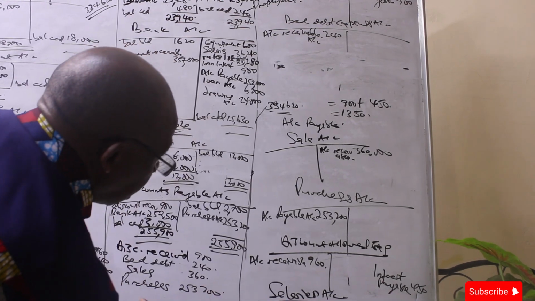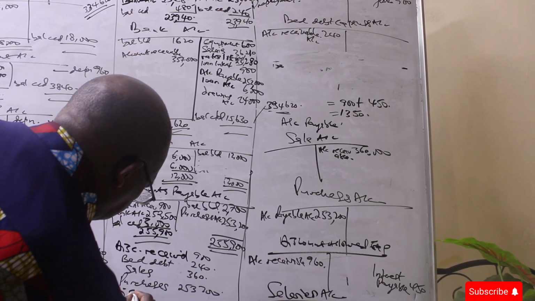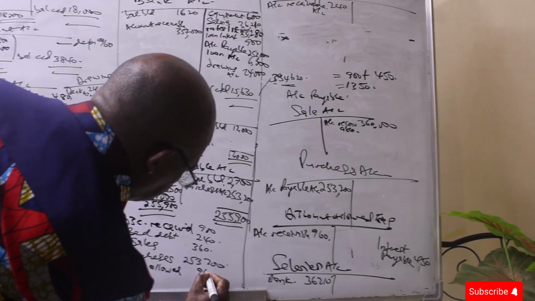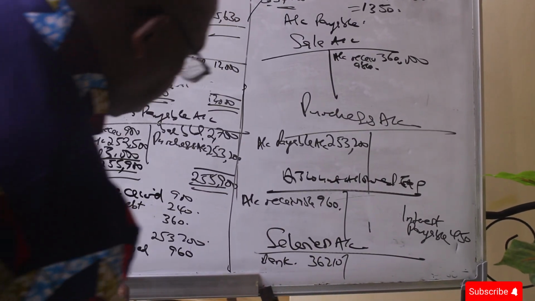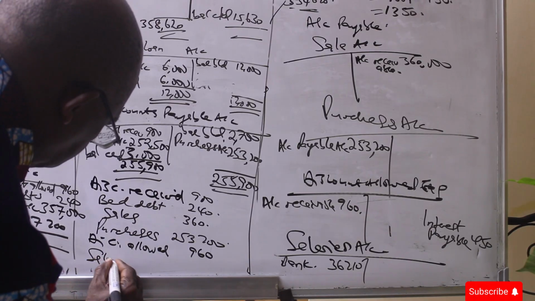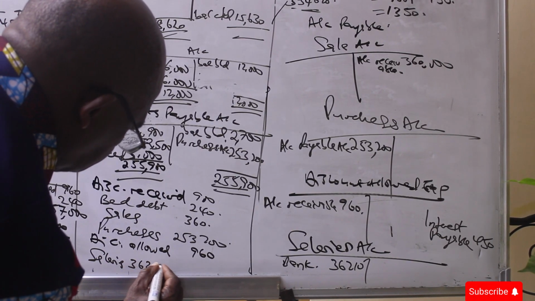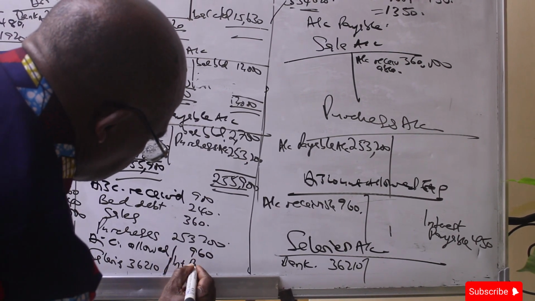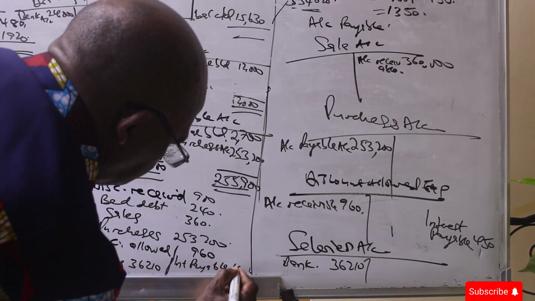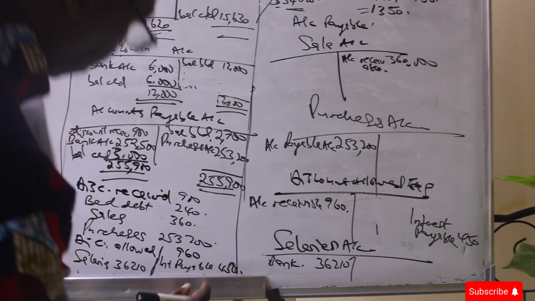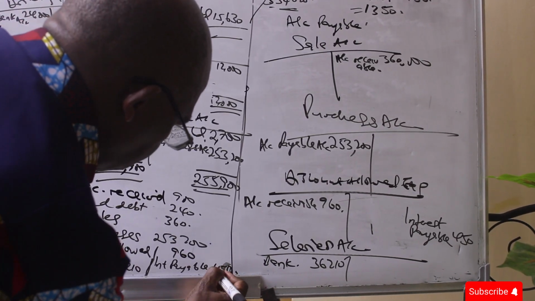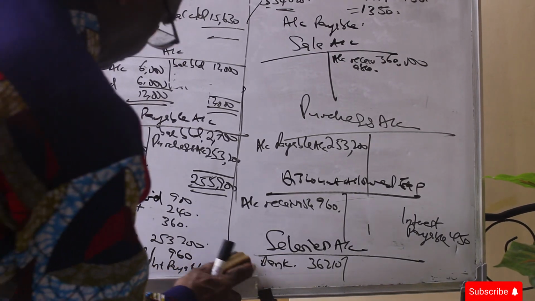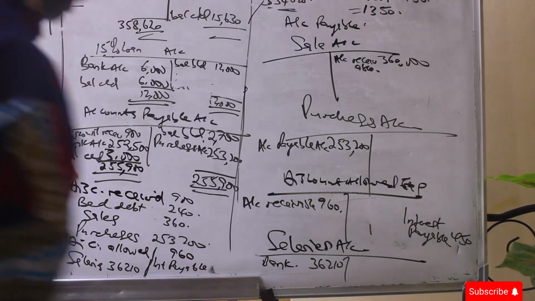Discount allowed is an expense of 960. Salaries 610. Interest payable 450.